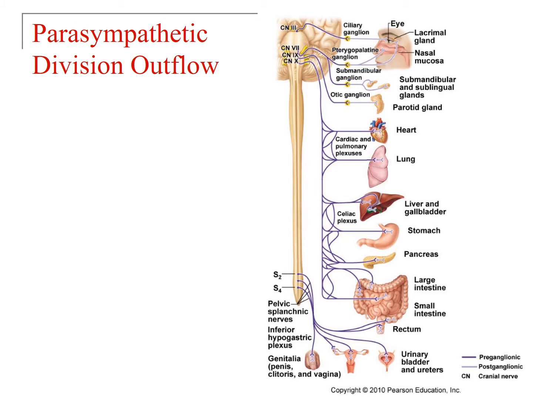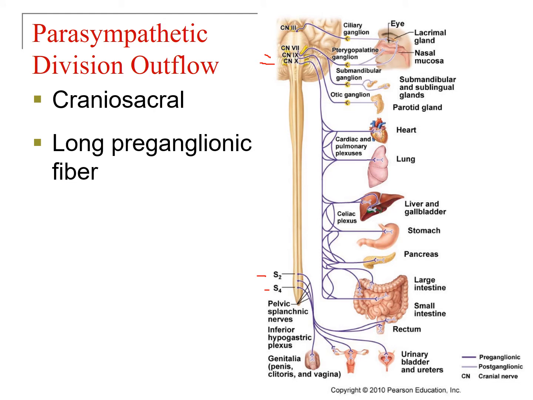And here it is. Here's the diagram. So our outflow, as you can see, is craniosacral, from the cranial nerves at the top and also the sacral region down here at the bottom, spinal nerves S2 to S4. So there's a long preganglionic fiber and a short postganglionic fiber.